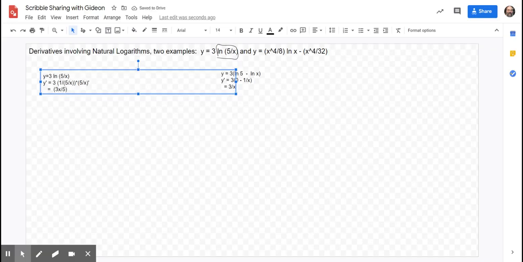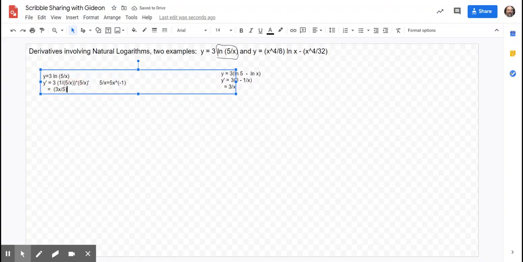And then what's the derivative of 5 over x? Well, I'll just tag this on. 5 over x equals 5x to the power -1. And now we can apply the power rule very simply.